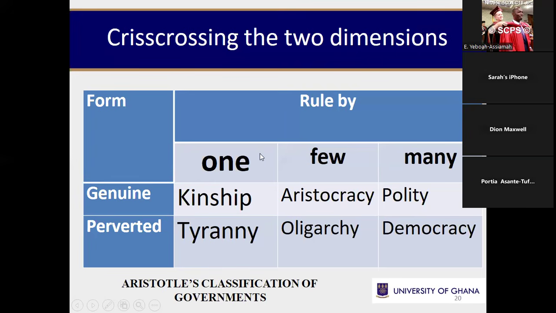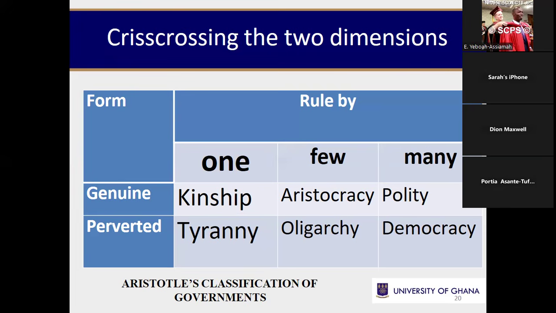Now, if it is ruled by one person, but in the perverted form, they were using the power in their own interest, amassing wealth for themselves and their families, very corrupt and what have you, he calls that one what? Tyranny. Are you with me? Yes. Fantastic. Good. Now, if it was ruled by few privileged people in society, but they were using the resources in their genuine form to solve societal problems in the interest of society, he calls that one aristocracy.